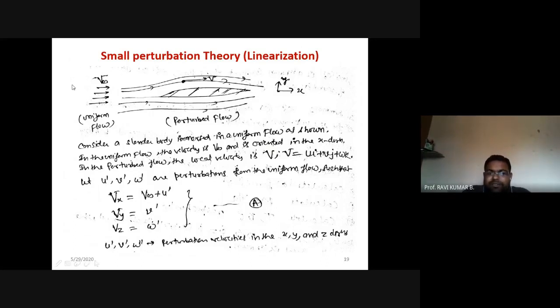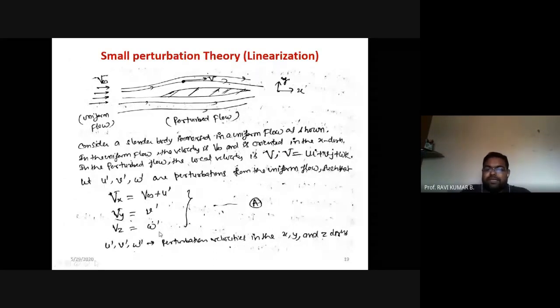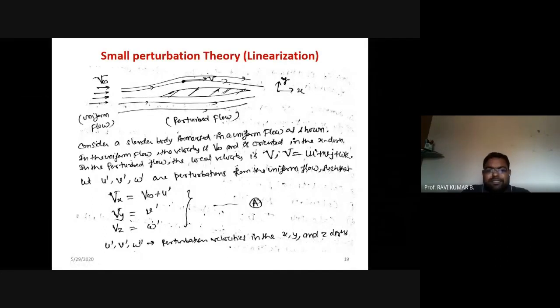If we are writing the equation for the x direction alone, Vx is nothing but the free stream velocity which was coming here, plus a small change in velocity in the x direction, which is u dash. Now Vy: as there is no V infinity in the y direction, there will be a very small jump in velocity in the y direction, which is v dash. Similarly, in the z direction, Vz is equal to w dash, where these are all small perturbation velocities in x, y and z direction.